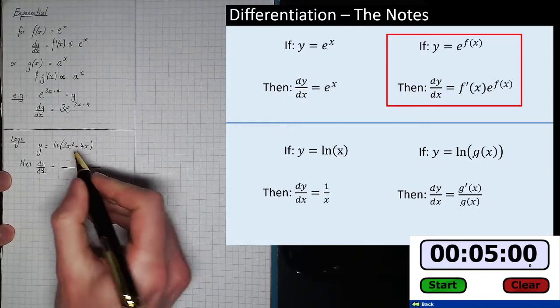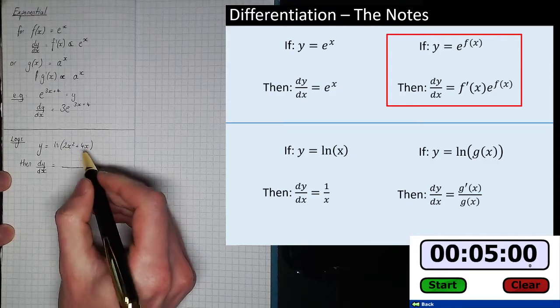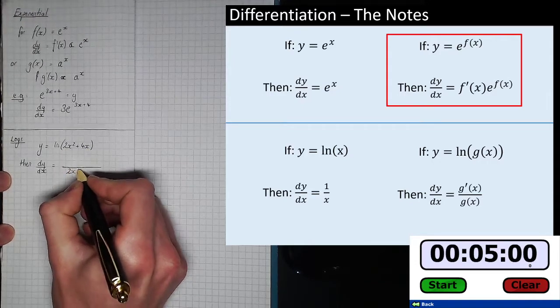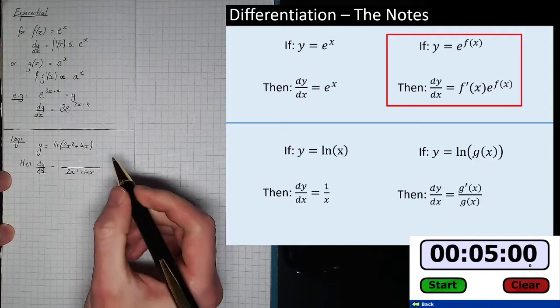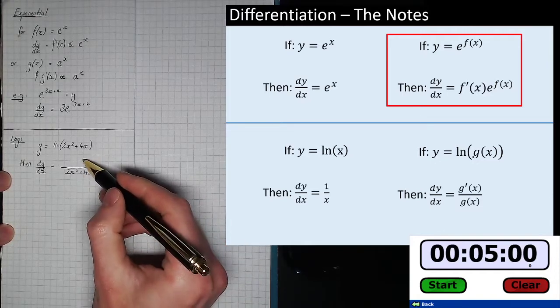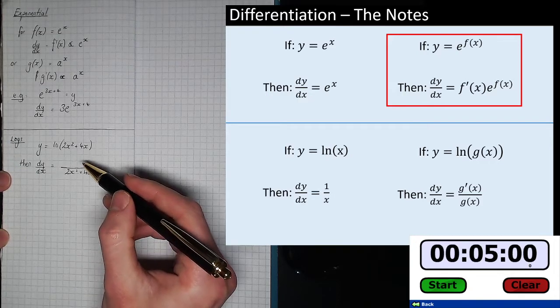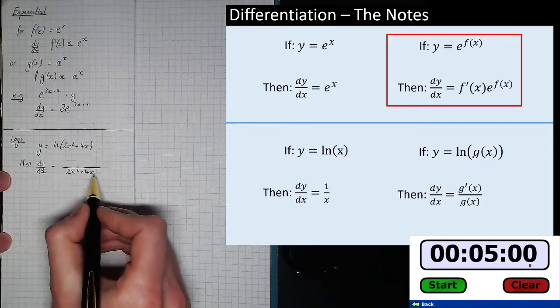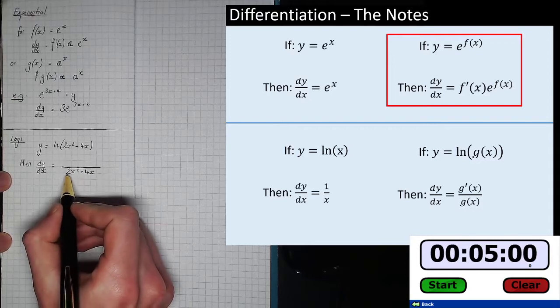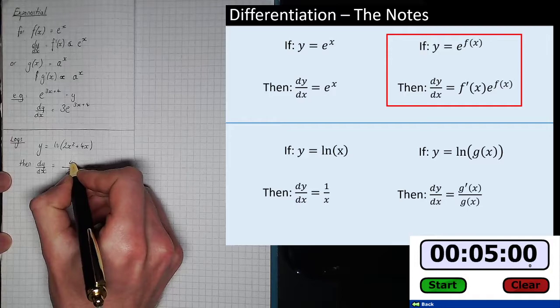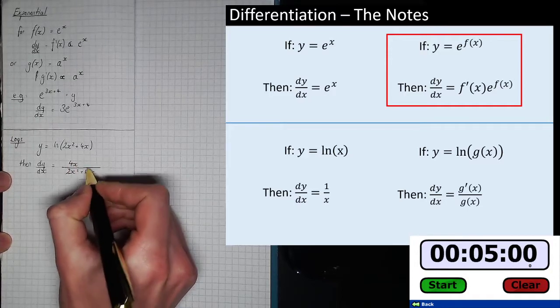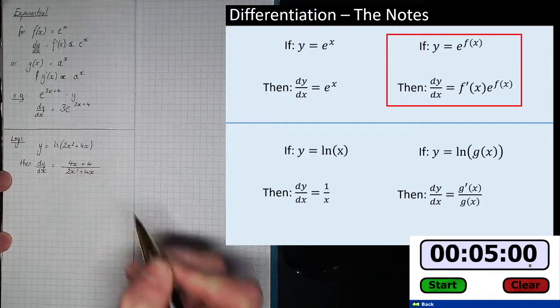The denominator will be what that function of x was. And the numerator will be the derivative of that function. So the derivative of 2x squared is 4x, and the derivative of 4x is 4.